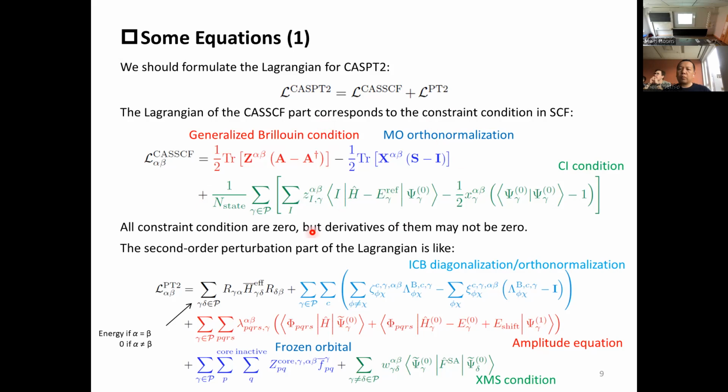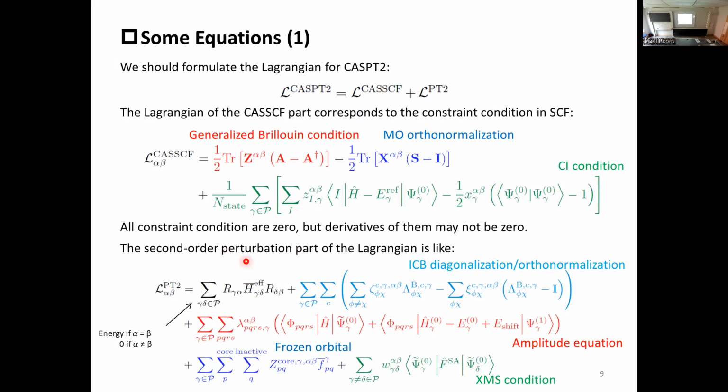This is just a sum of the constraint conditions in SCF. So this is a generalized Brillouin condition and molecular orbital normalization, and this is the CI condition, which are all zero. But the derivative of them may not be zero.